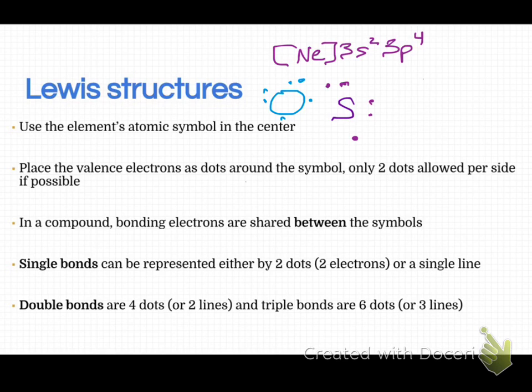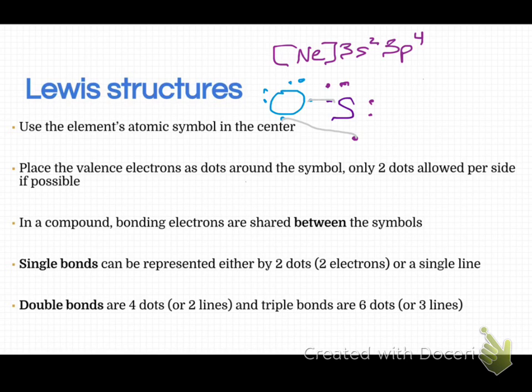Now, I can see that, oh, I lost one of my purple electrons. Let me replace that. There we go. I can see that the oxygen needs to have 2 electrons because there's a space here and there's a space here. And I can see the same thing about the sulfur. So one thing I could do is connect these 2 to make a bond, and I connect these 2 to make a bond, now they're really stable.